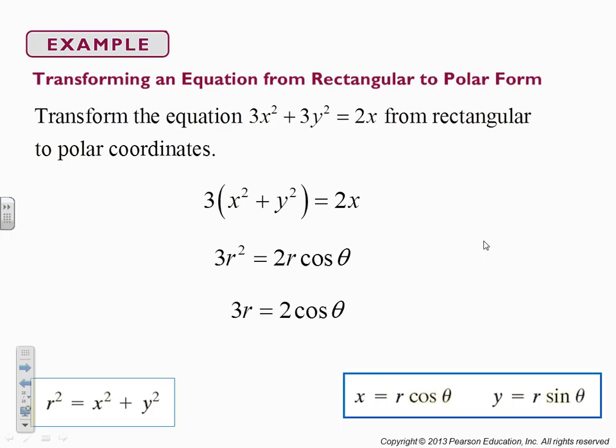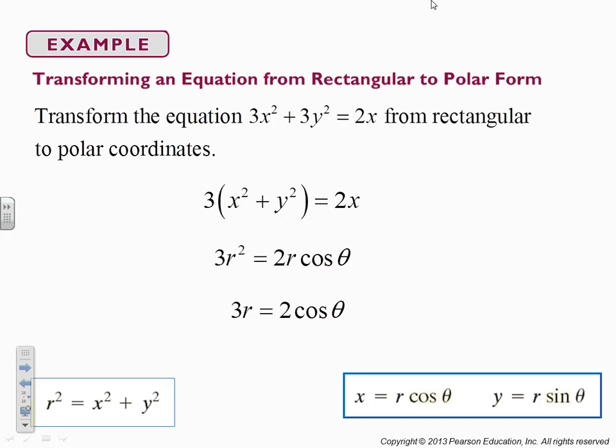I divide both sides by r, and I get 3r equals 2 cosine theta. And that's it. Polar coordinates.